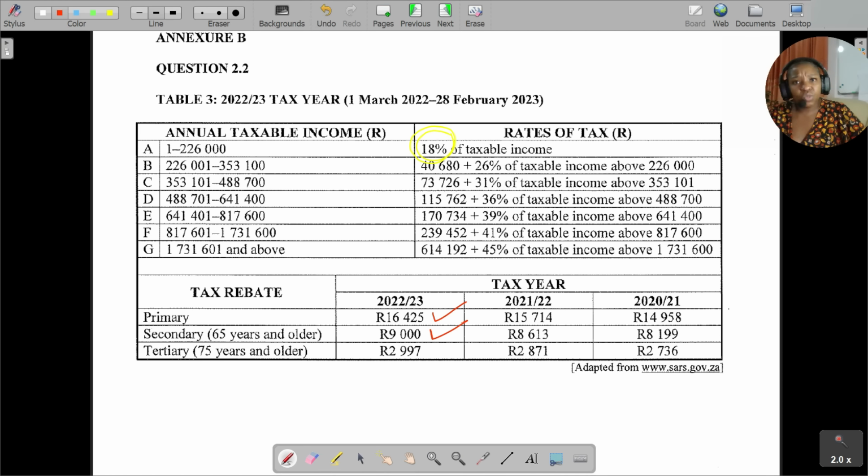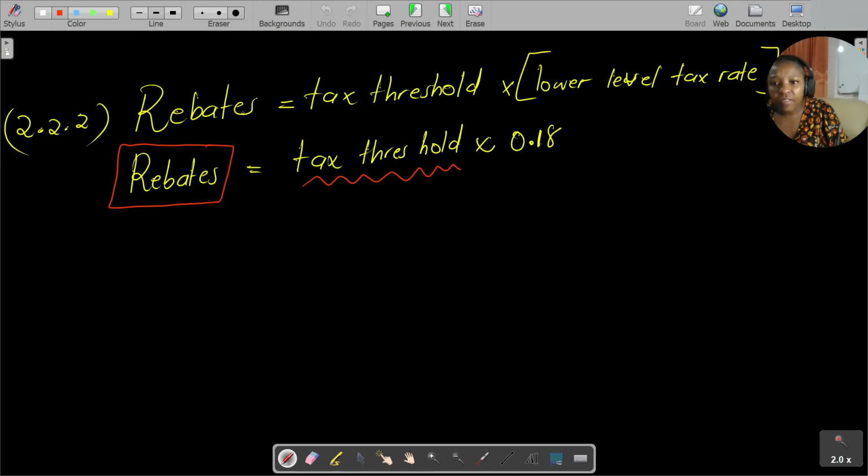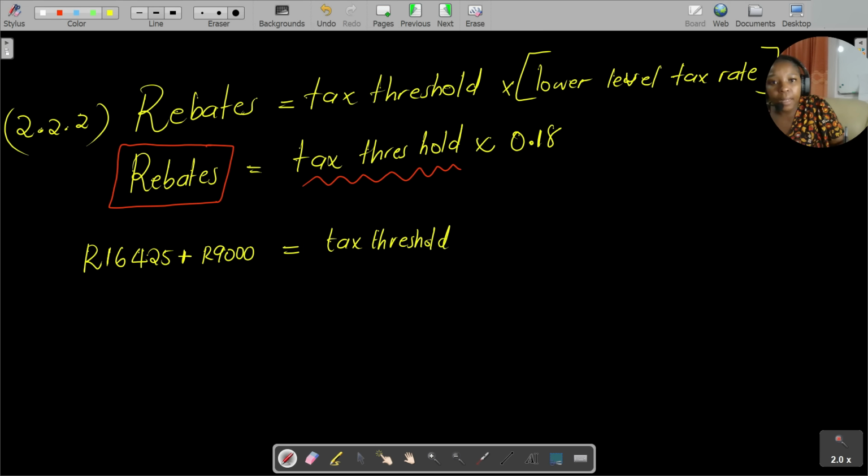So we're going to write those rebates down. For the total rebates that he qualifies for, I did mention it's just the primary and secondary, so I'm going to add them as one here. It's going to be 16,425 plus 9,000, and this is equal to the tax threshold, which is what we're trying to calculate, multiplied by 0.18.